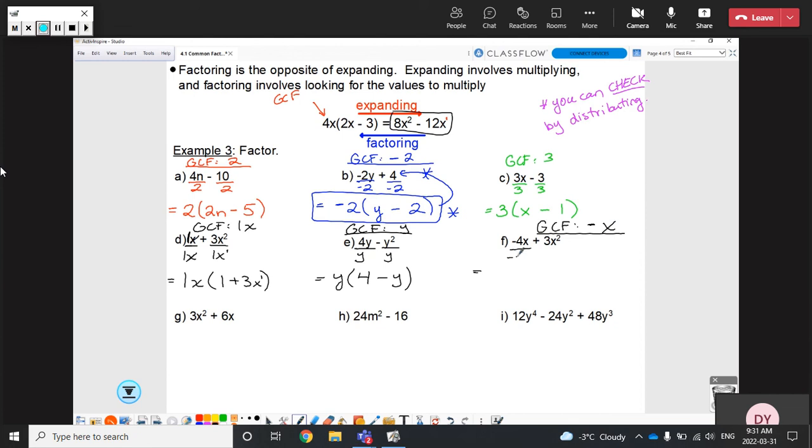So we'll divide this by negative x, divide that by negative x, keep the negative x out front here, right, because we divided it out. So when we write this as a product, we'll get something like 4 minus 3x. Folks, any questions about that?